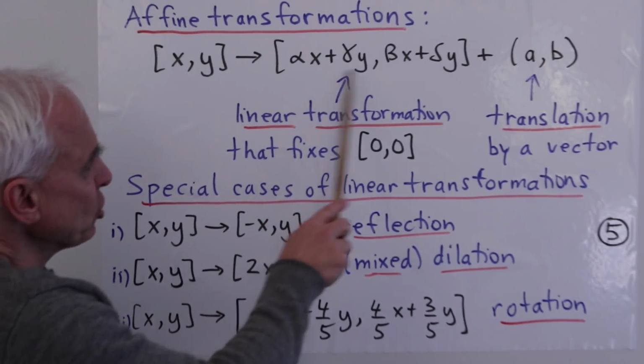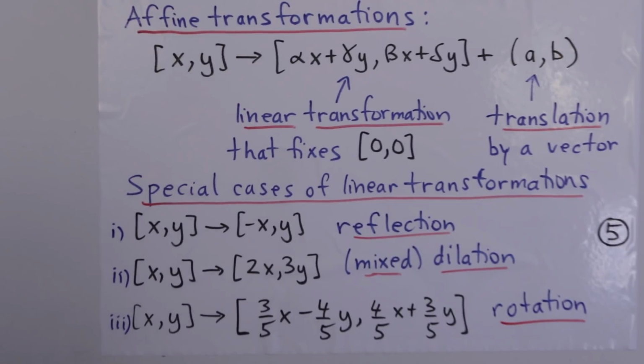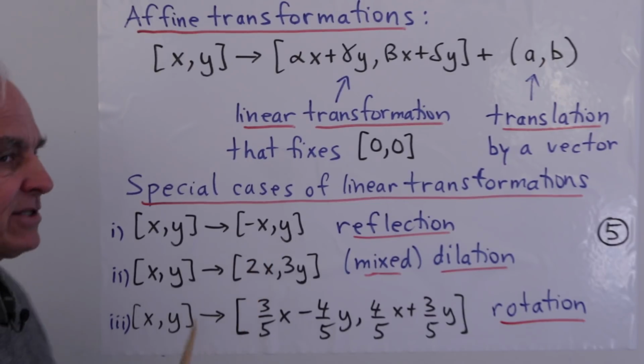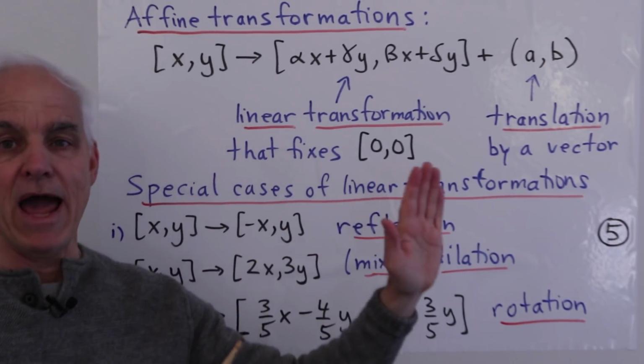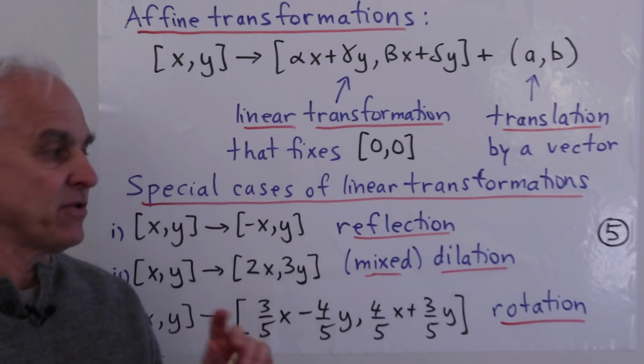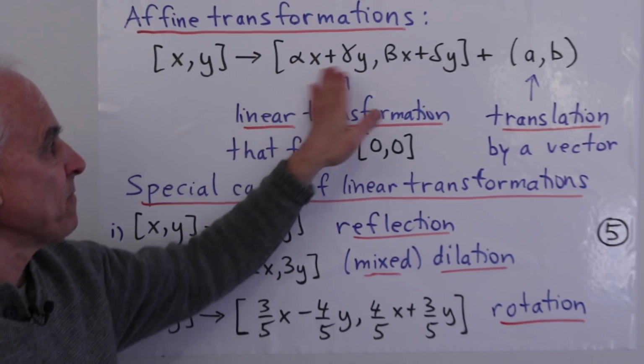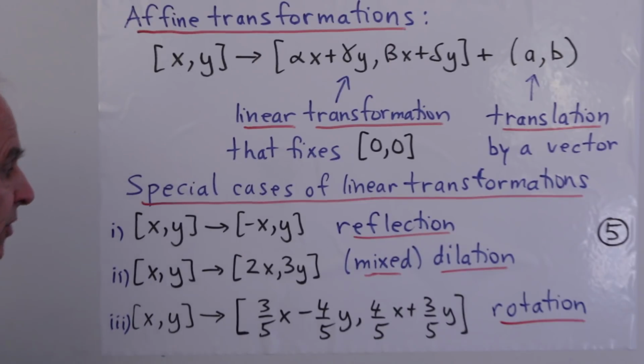So if we just look at this kind of linear transformation here, there are some special cases that are worth thinking about. So here's a simple example of this kind of thing where we send the point xy to the point minus x, y. It's easy to see that's a reflection in the y-axis. So that kind of transformation is a special case of this more general thing.